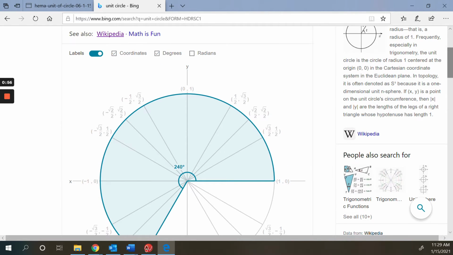Okay, now we have something else that's called radians. Now, radians is different from angles in that it is not talking about this angle here in the middle.